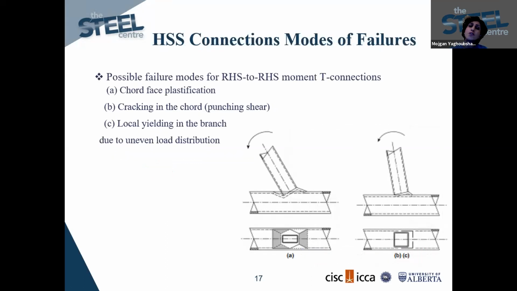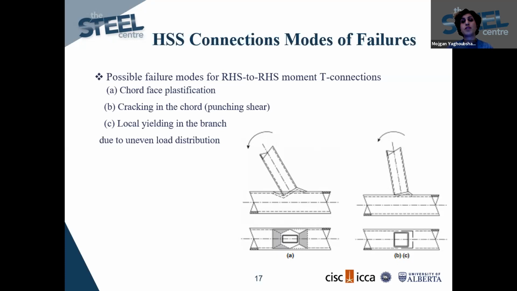So in order to design the connection, I mean the chord elements and also the branch elements, in order to size them actually, there are different modes of failure. And it depends again on the connection characteristics and properties. There are 5 modes of failure associated with the design of such connections.